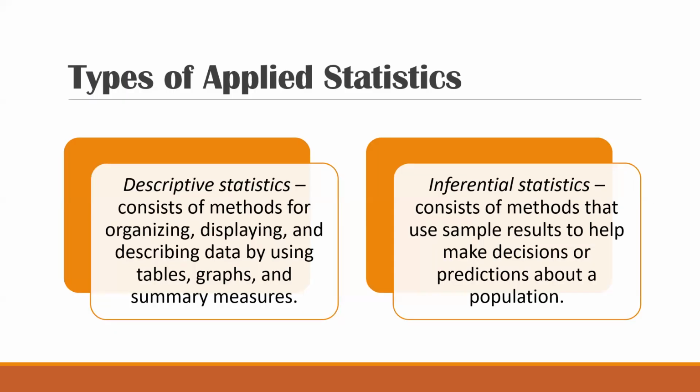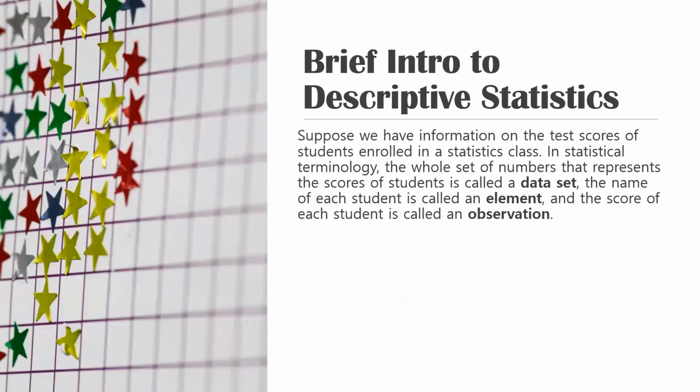So let's first talk about descriptive statistics. Now, suppose you're a teacher and you have information about the test scores of your students in a statistics class. So all of these numbers that you have, the test scores of your students, this is called your data set.